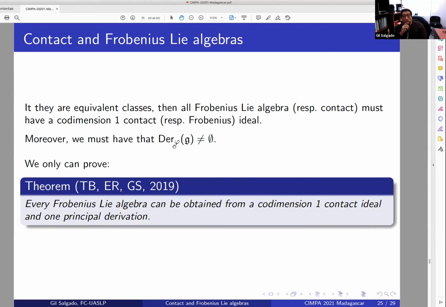We can only prove the following. Every Frobenius Lie algebra can be obtained from a codimension one contact ideal and one principal derivation. So if you can construct all contact Lie algebras, then you can construct all Frobenius Lie algebras. Or if you can classify all contact Lie algebras, then you can classify all Frobenius Lie algebras.